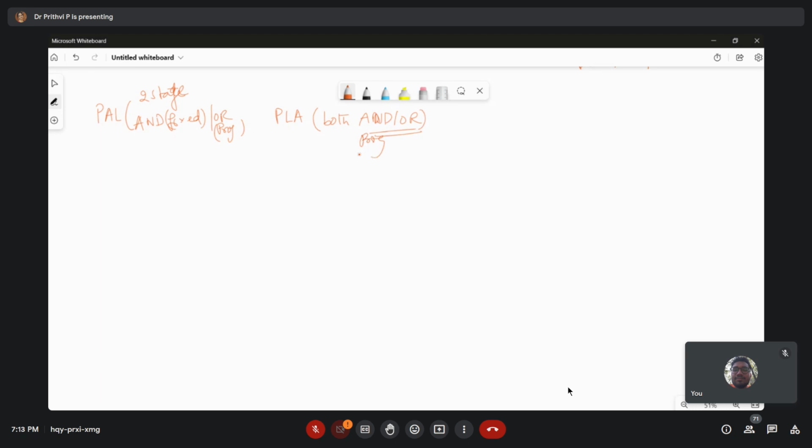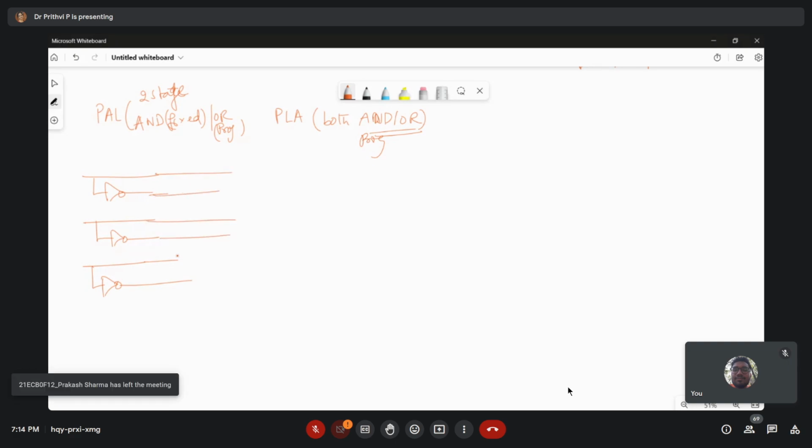That means something like this. Say if I'm having three inputs sort of thing, all possible product terms will be available as something like this.